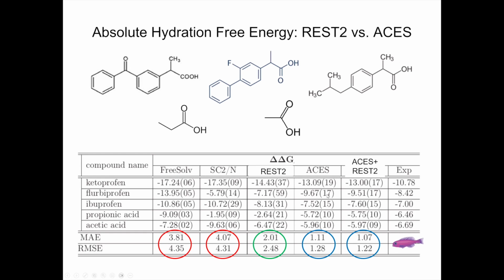So REST2 on top of ACES didn't do too much. But that just goes to illustrate, even for calculating an absolute solvation free energy, sampling is very important when you have drug-like molecules that have multiple rotatable bonds that influence the actual solvation free energy.